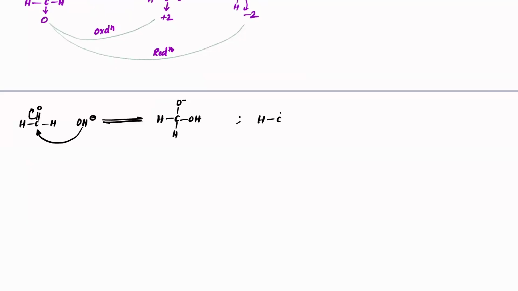If you have HC, O minus, H and OH here, O minus is a strong donating group. So it will try to attack the next molecule here, by pushing these electrons and the hydride getting shifted internally.